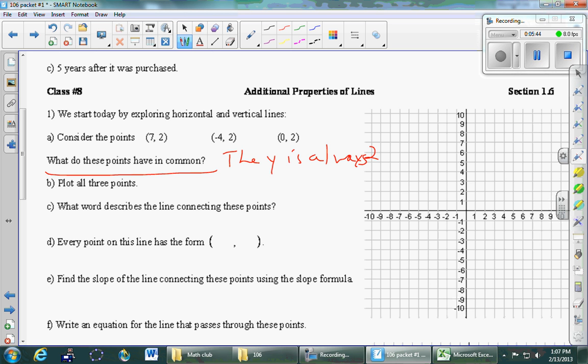Agree? All right. So part B says plot all 3 of those points. Go ahead and plot the 3 points.